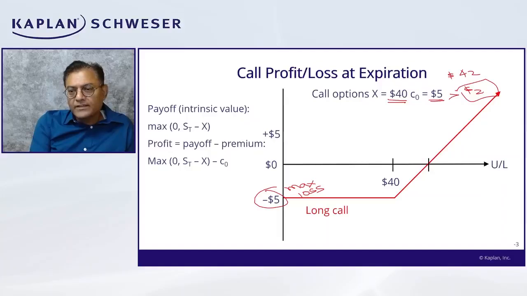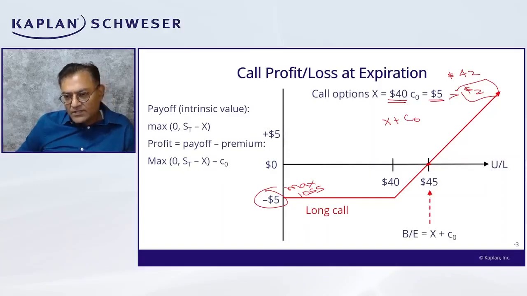At some point, there is a break even. And what is the break even point? Well, the break even point is the exercise price plus the option premium. So once the stock price goes above that value, in this case $45, that's when the long party starts to make money.